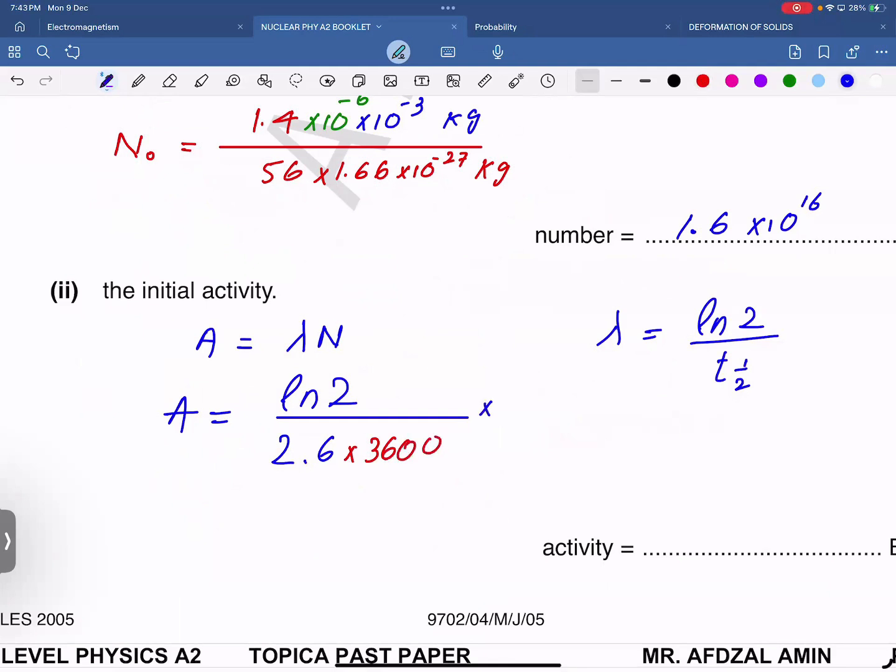And then you multiply by 1.6 into 10 power 16. Calculate.